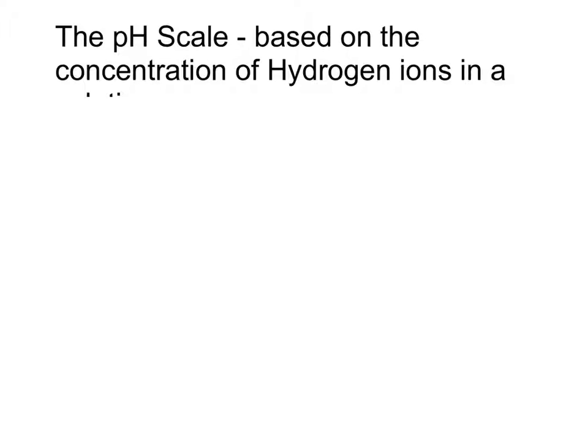pH is defined as the negative log base 10 of the concentration of hydrogen ions in a solution. So back to our neutral aqueous solution at 25 degrees Celsius with equal concentrations of hydrogen ions and hydroxide ions.